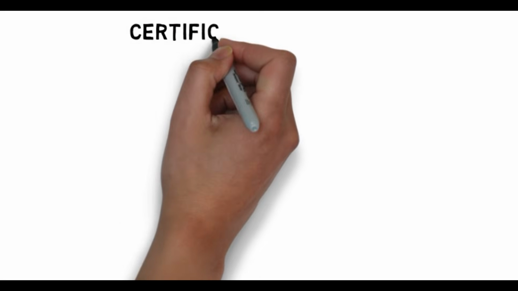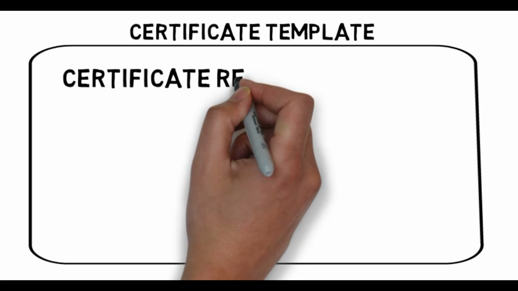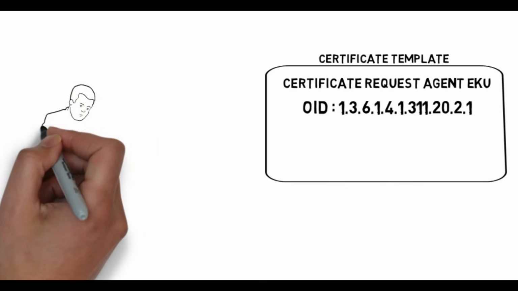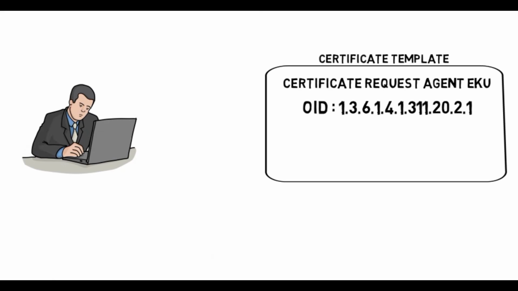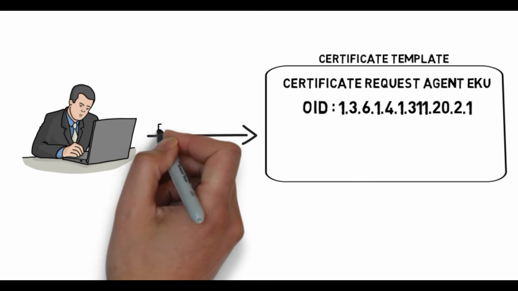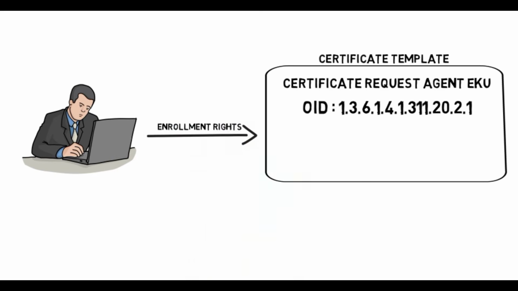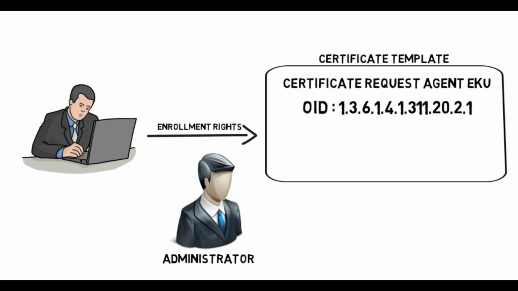And ADCS accomplishes this through a certificate template with the certificate request agent OID in its EKU. It means if a template has this OID in its EKU, users that have enrollment rights to it can request certificates on behalf of other users. In our case, domain admin.